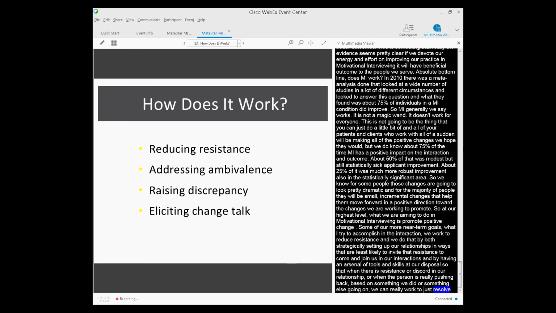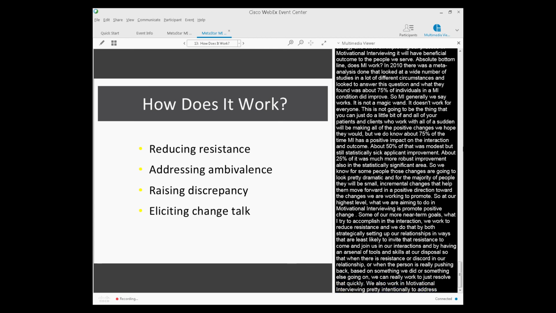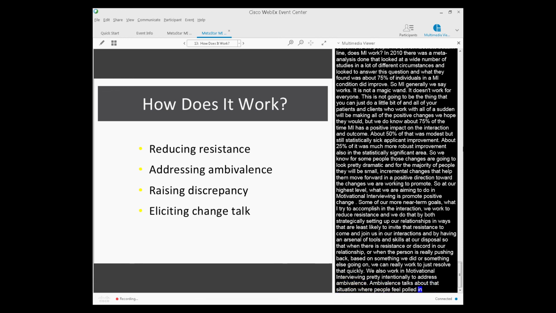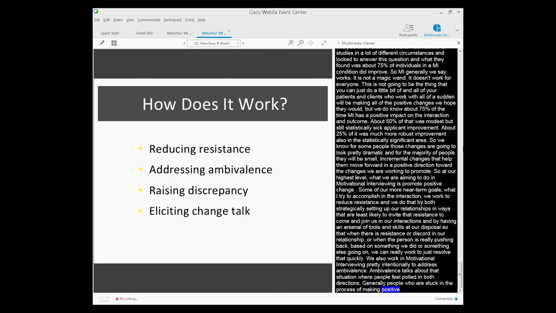We also work in motivational interviewing pretty intentionally to address ambivalence. Ambivalence is that situation where people feel pulled in both directions. Generally, people who are stuck in the process of making positive changes have some level of ambivalence.